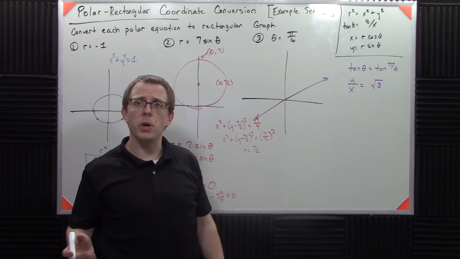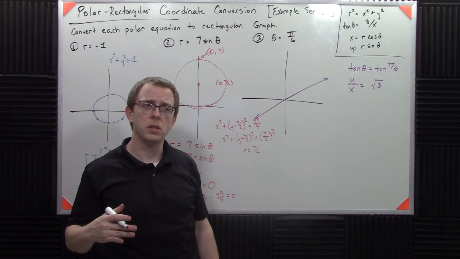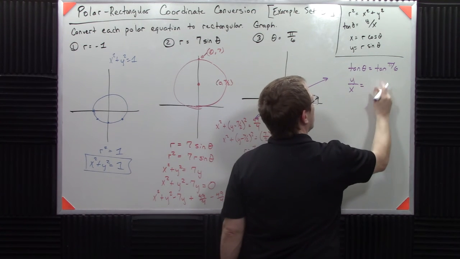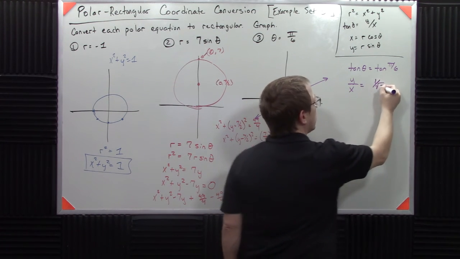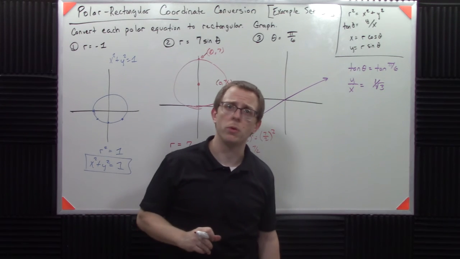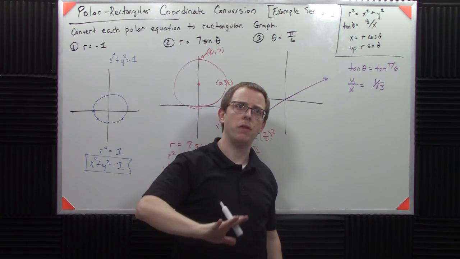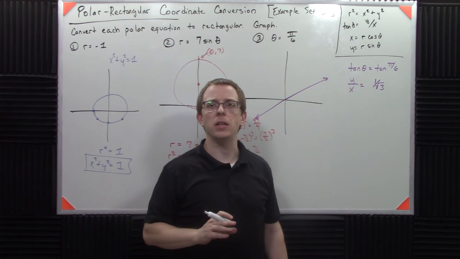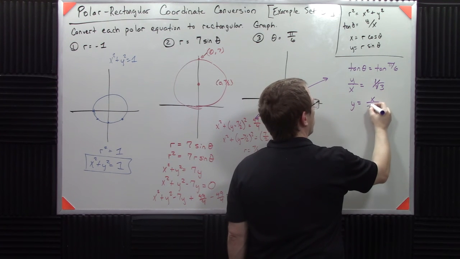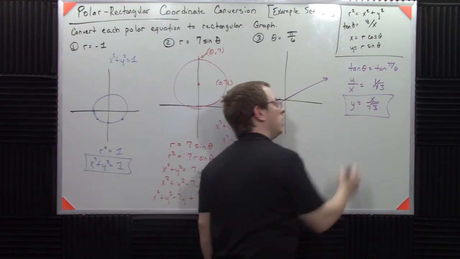No, it's 1 over the square root of 3. Thank you for catching me there. Tangent of pi over 6 is 1 over square root of 3 because it's 1/2 divided by square root of 3 over 2. And so y is equal to x over the square root of 3. And that's your answer.